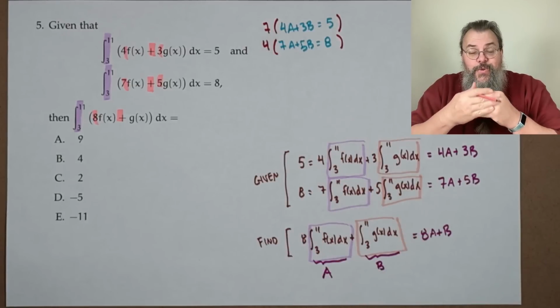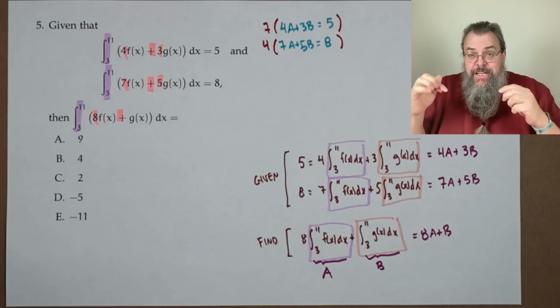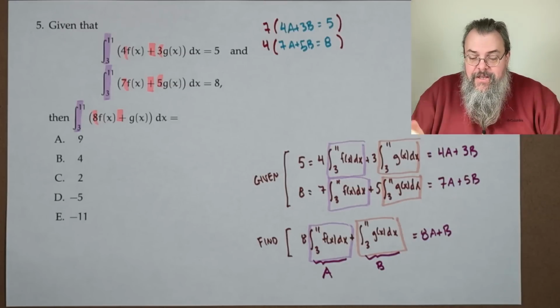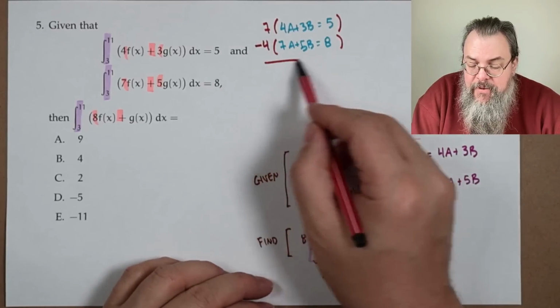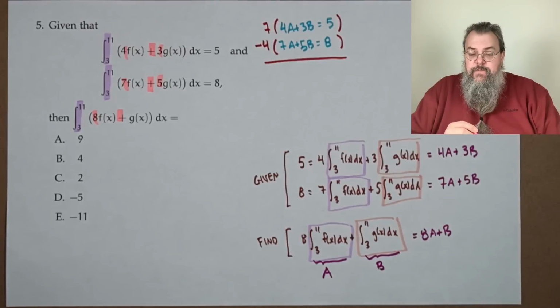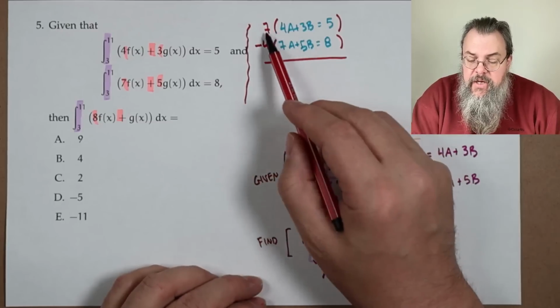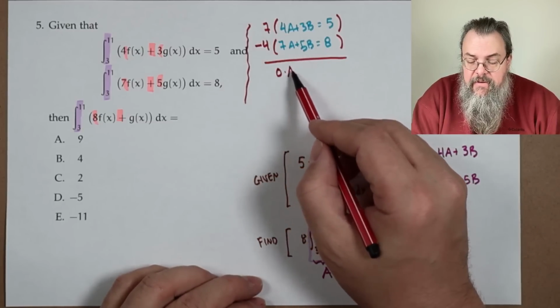Now they're really similar, so similar that if we were to subtract, it would go away. So that's our idea. We're going to take 7 times the first equation, subtract 4 times the second equation. Well, 28A subtract 28A gives us 0 A's left.